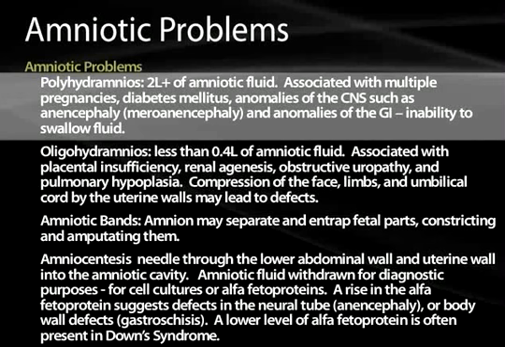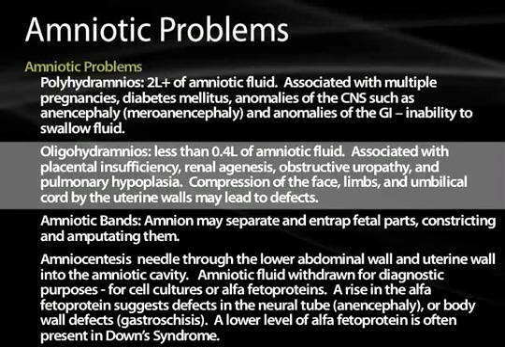These are often associated with multiple pregnancies as a normal consequence, diabetes mellitus as a pathological consequence, and oftentimes as well you'll get polyhydramnios if there are severe CNS malformations such as anencephaly or microanencephaly. And also you'll have polyhydramnios if there are GI problems because of an inability to swallow the fluid, where that will cut back on the resorption and then removal.